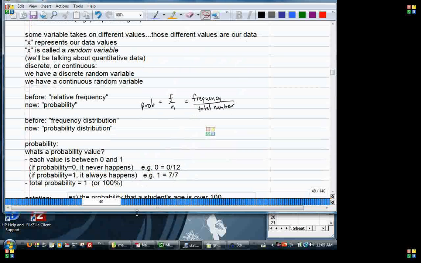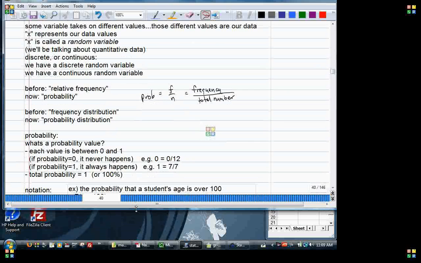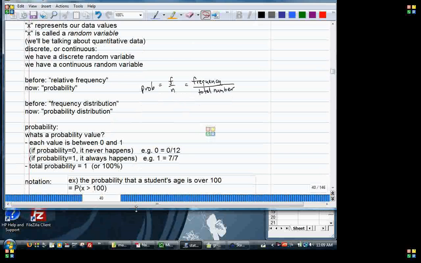Okay. So now a little bit about the notation of how we write these things down. Suppose we want to talk about the probability that a student's age is over 100. First of all, how do we just write that? Before we answer the question, how do we write that down? What does P stand for? Probability, absolutely. Okay.